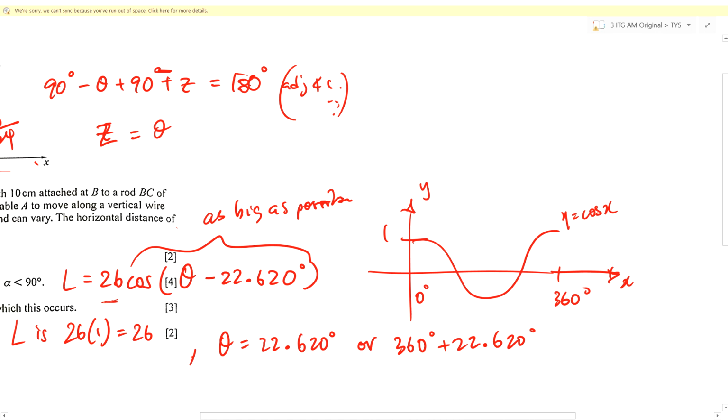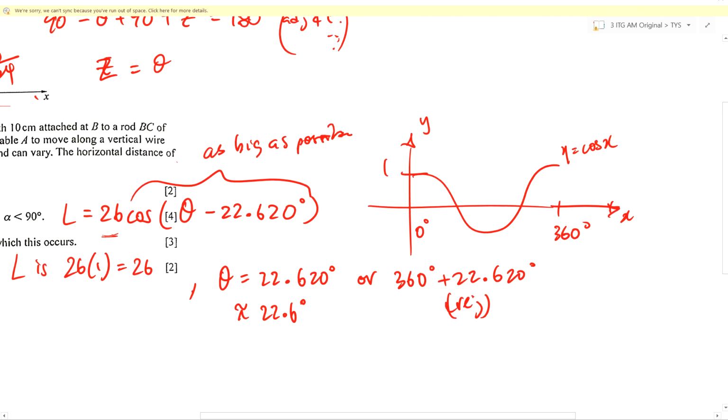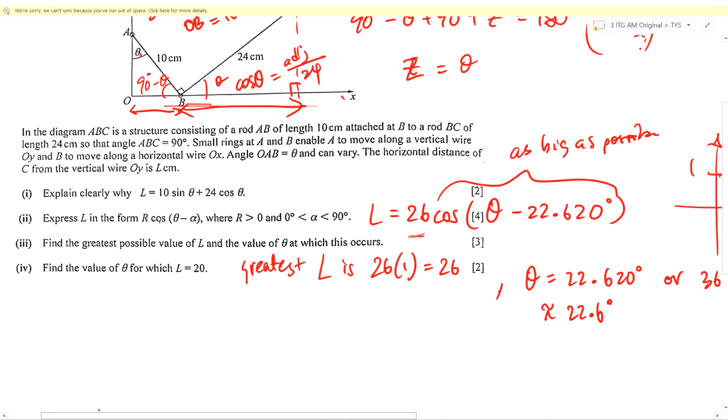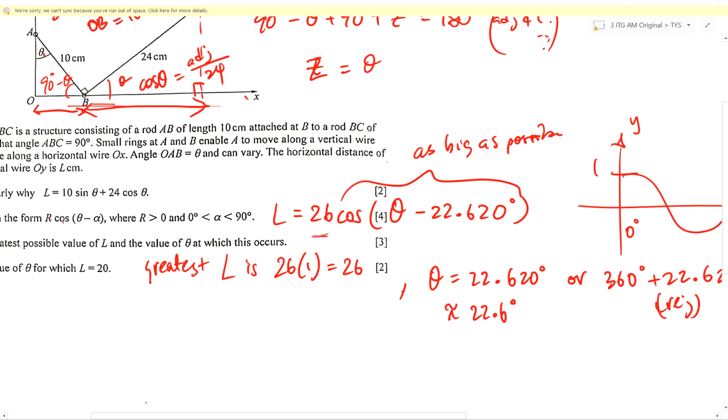We have to select one answer. According to the diagram, theta is an acute angle, so this is rejected. Round it off, 22.6 degrees. Okay, then for part 4, I'm not going to go through it because it's just solving a trivial equation.